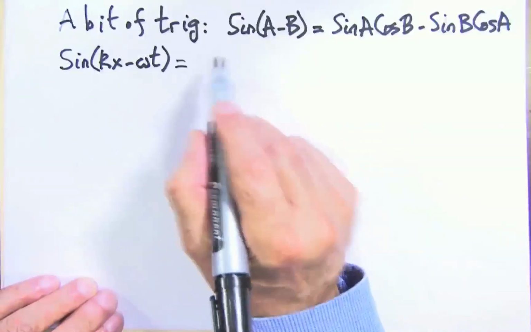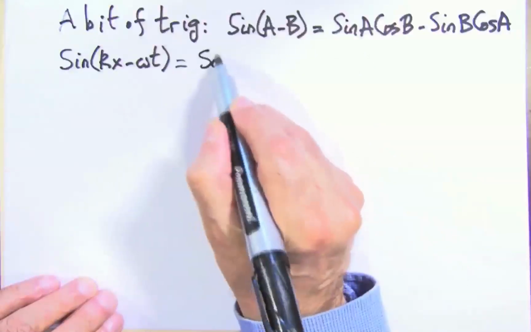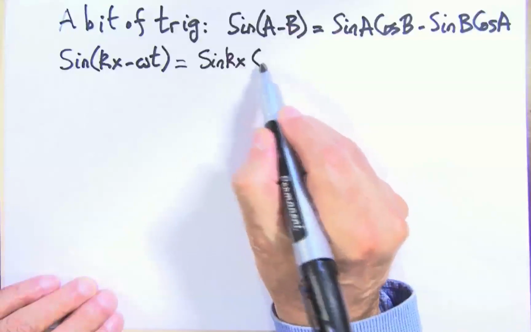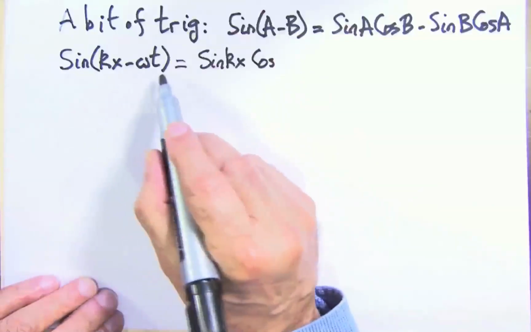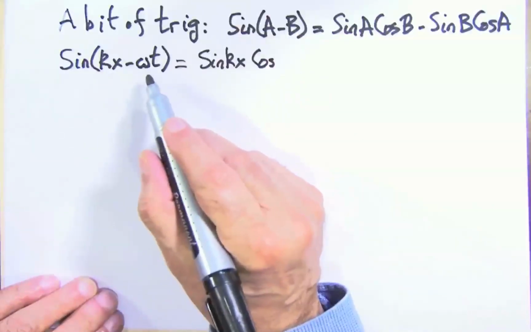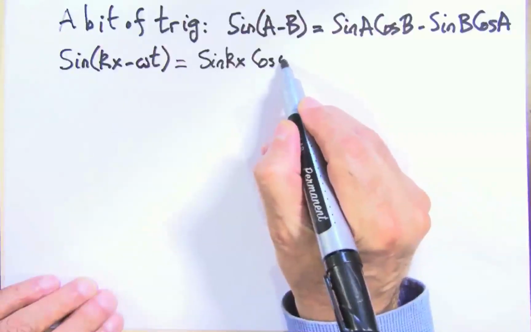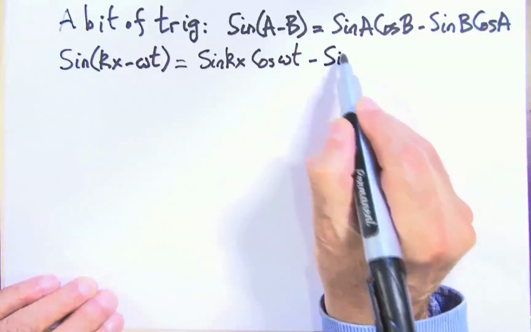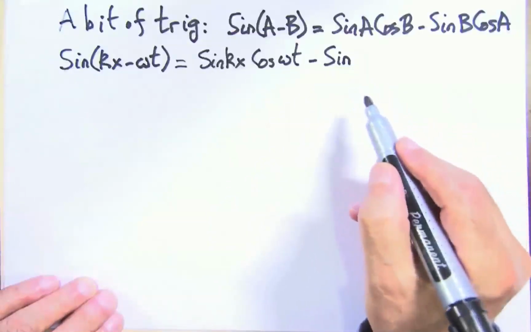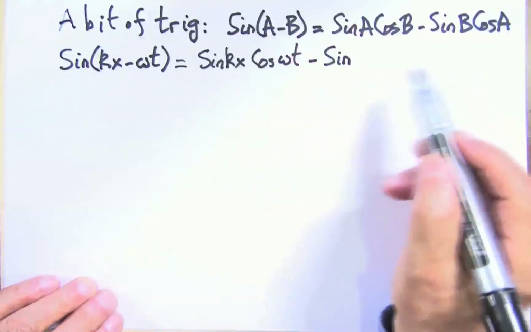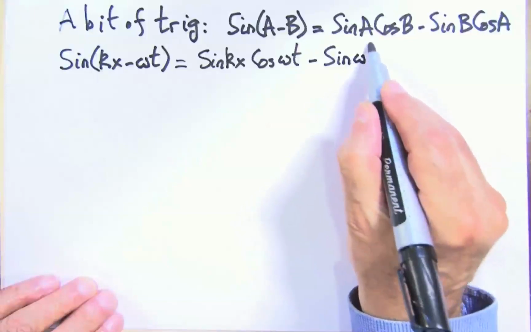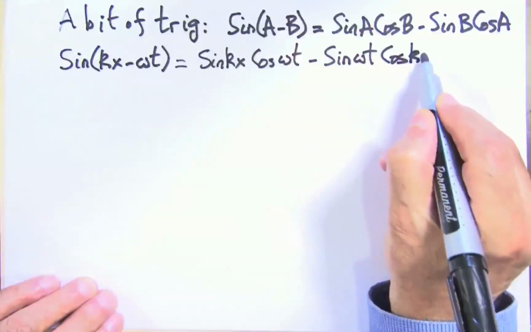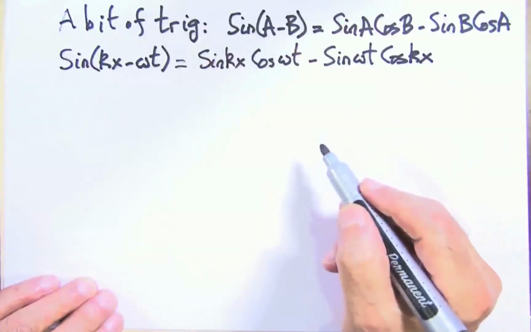So this is sine kx cosine of omega t, minus sine of omega t cosine of kx.